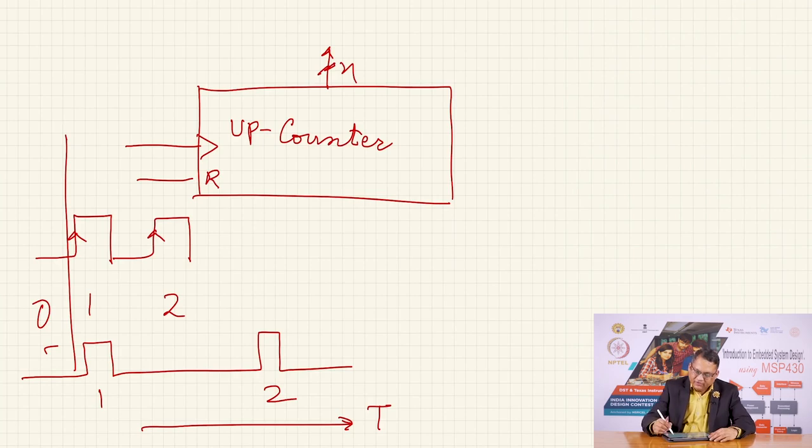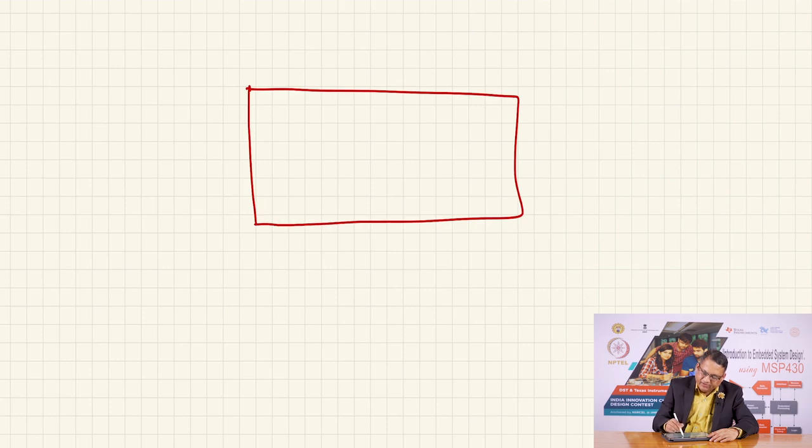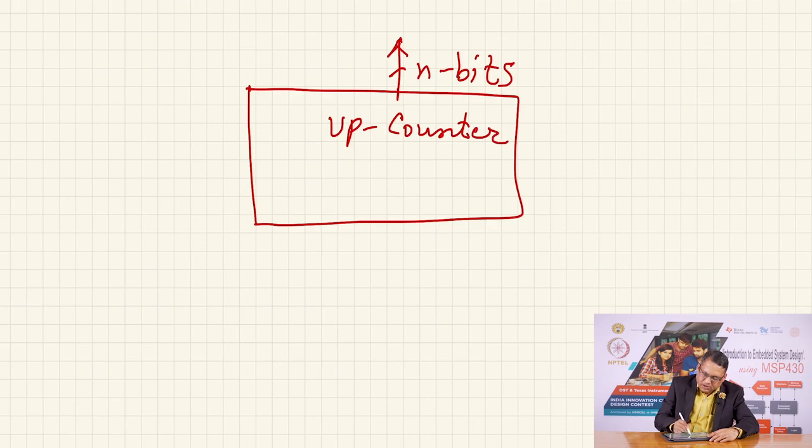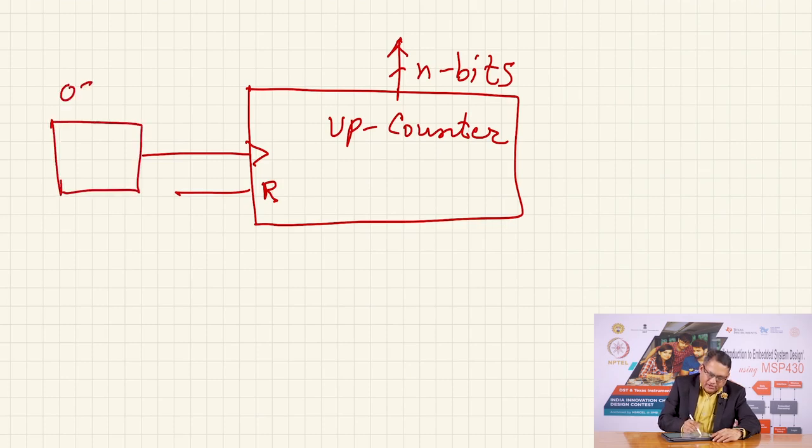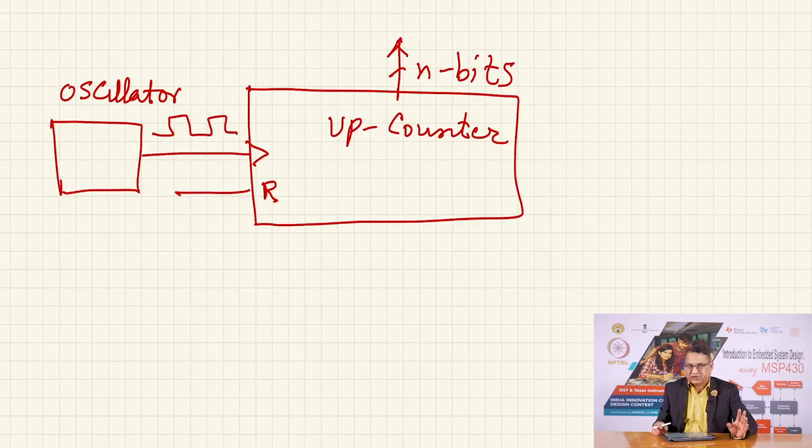On the other hand, if I use the same hardware, I still have an n bit counter, let us say an up counter. You have a clock signal, you have a reset signal, but now instead of an external signal generating some pulses, this is connected to a rectangular output oscillator whose frequency is fixed.